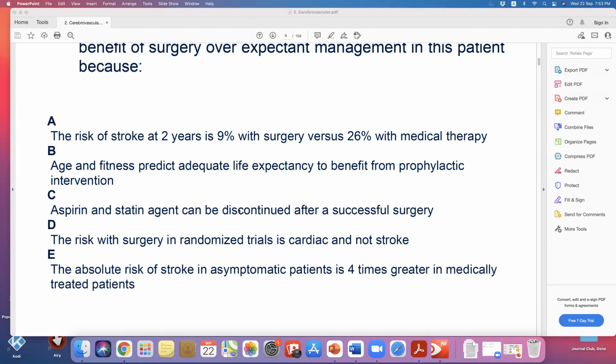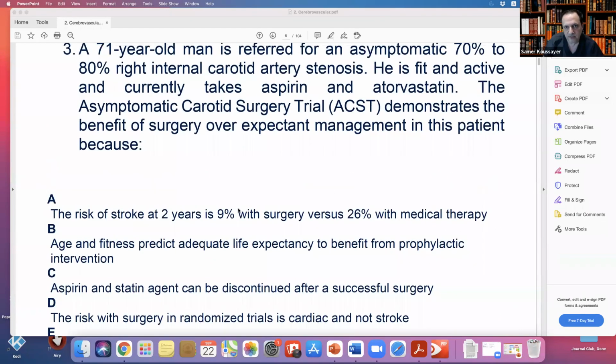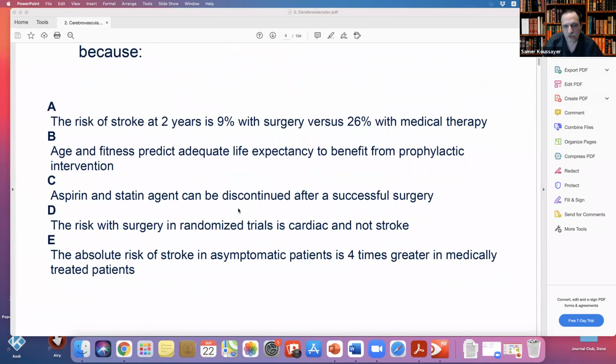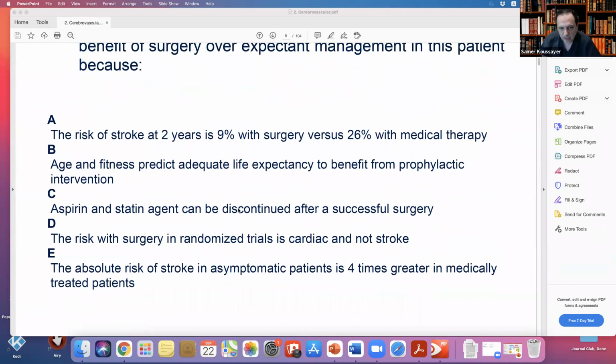The risk with surgery in randomized trials is cardiac and not stroke? What I remember is stroke, death, and MI. Correct, this is a newer trial. ACAS is from 1995. You see, we surgeons just looked at the stroke, we didn't look at the cardiac.